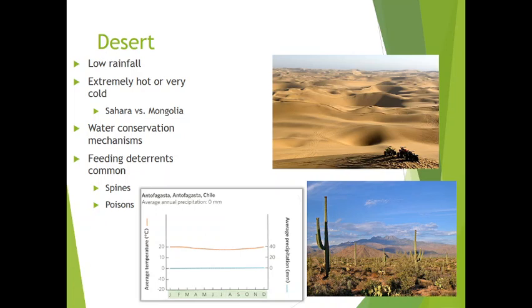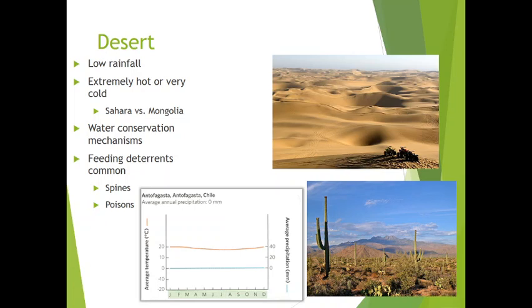What we see is the organisms that live there have a lot of water conservation mechanisms, so the plants are really tough, have really waxy coatings, and they're often really painful plants. They have a lot of feeding deterrents, whether that's spines or some sort of chemicals that prevent most of the species on the planet from being able to eat them.